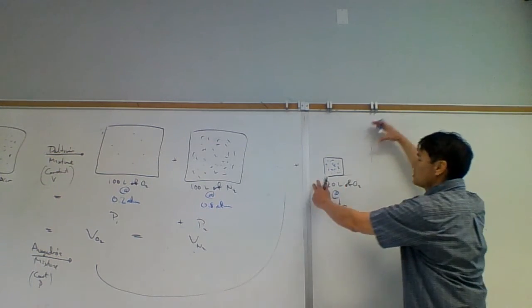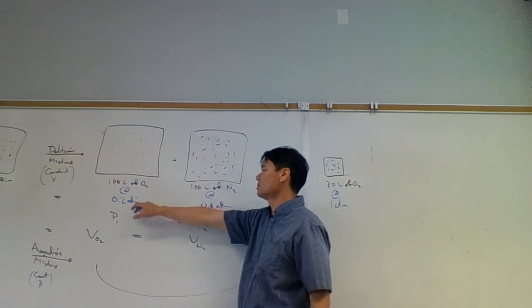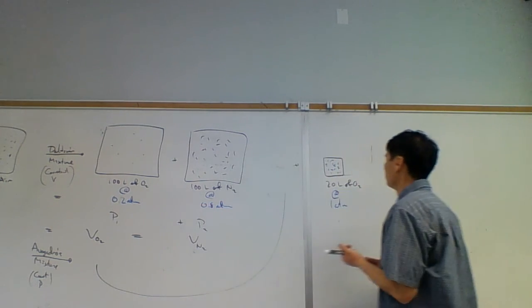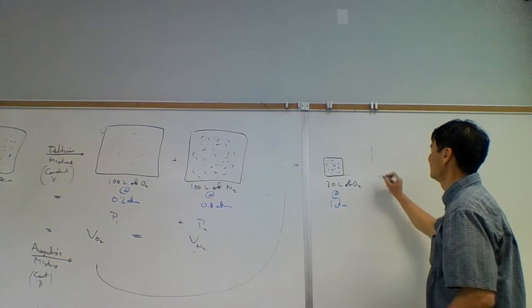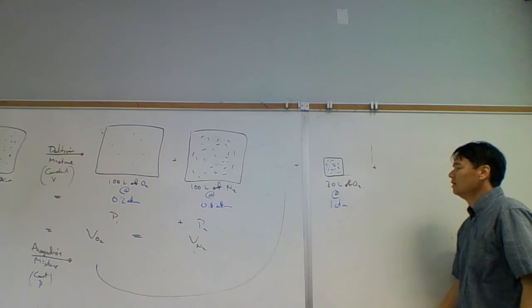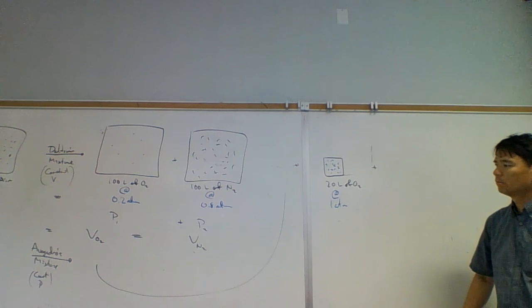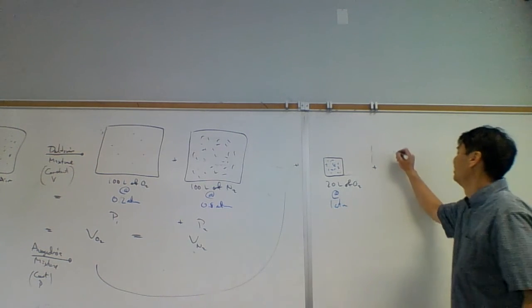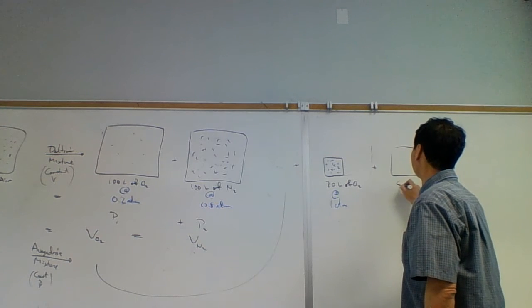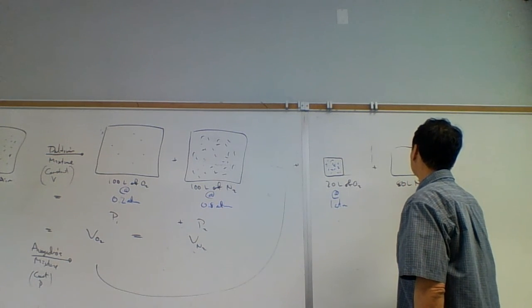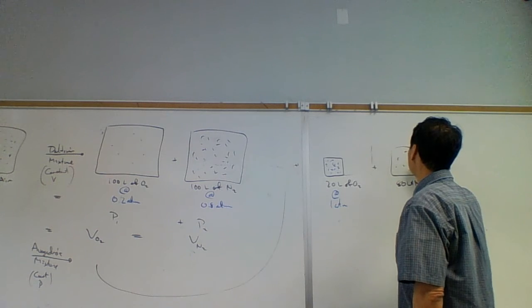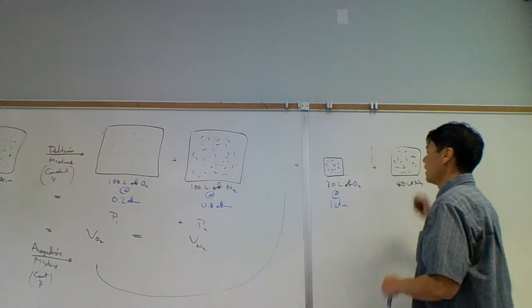If I expand this box to 100 liters, then the pressure is going to decrease to 0.2 atmosphere. How many liters of nitrogen do I have? 80. I'm going to have 80 liters of nitrogen at 1 atmosphere.